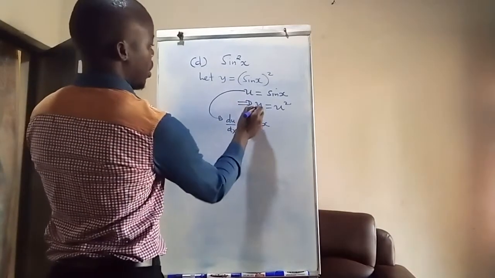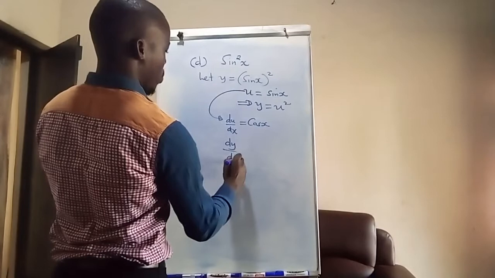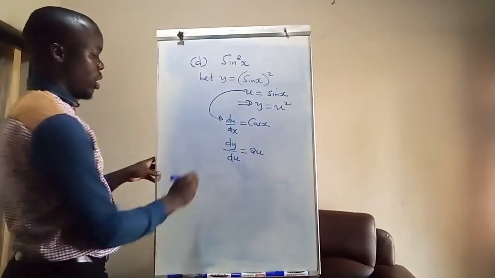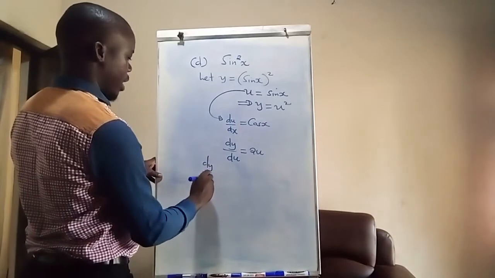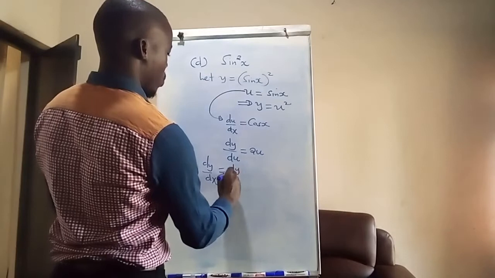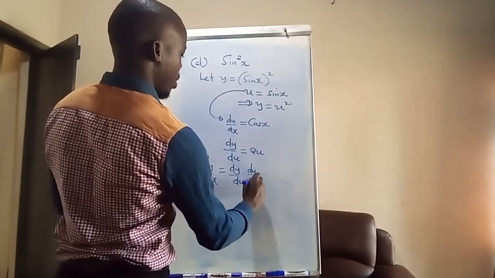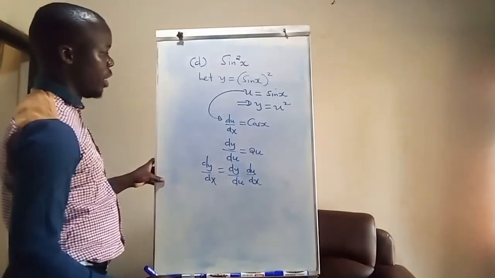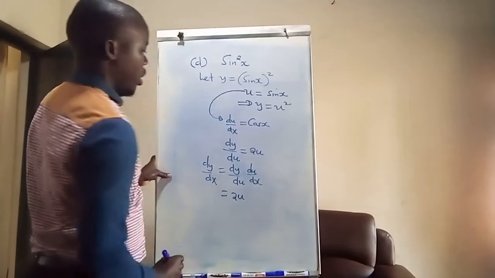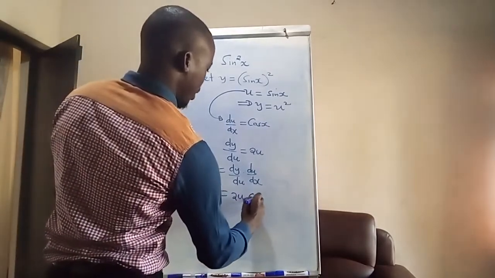Then when you come to this one here, dy du will be 2u when you differentiate it. Now by chain rule again, dy dx, which we are looking for, is going to be dy du times du dx. When you do the substitution, dy du becomes 2u, then du dx we got as cos of x.